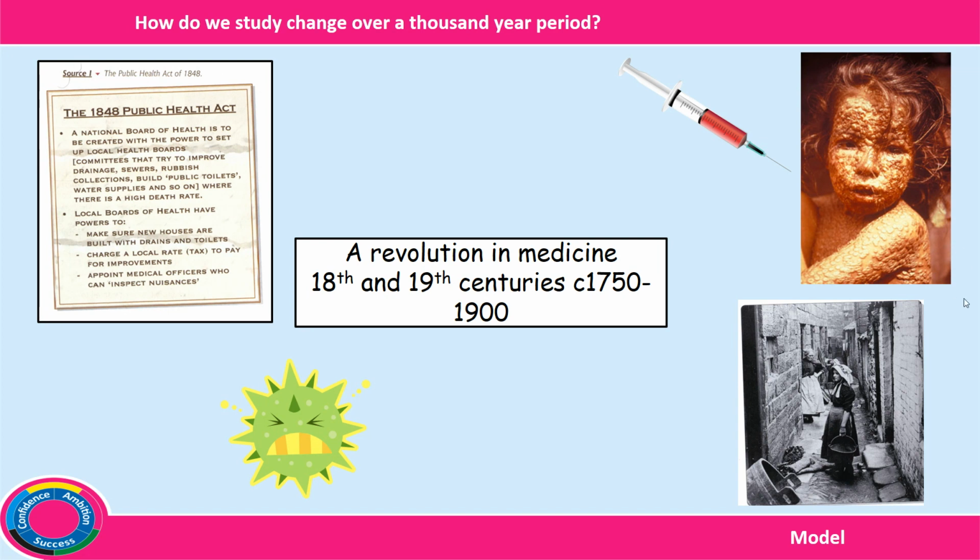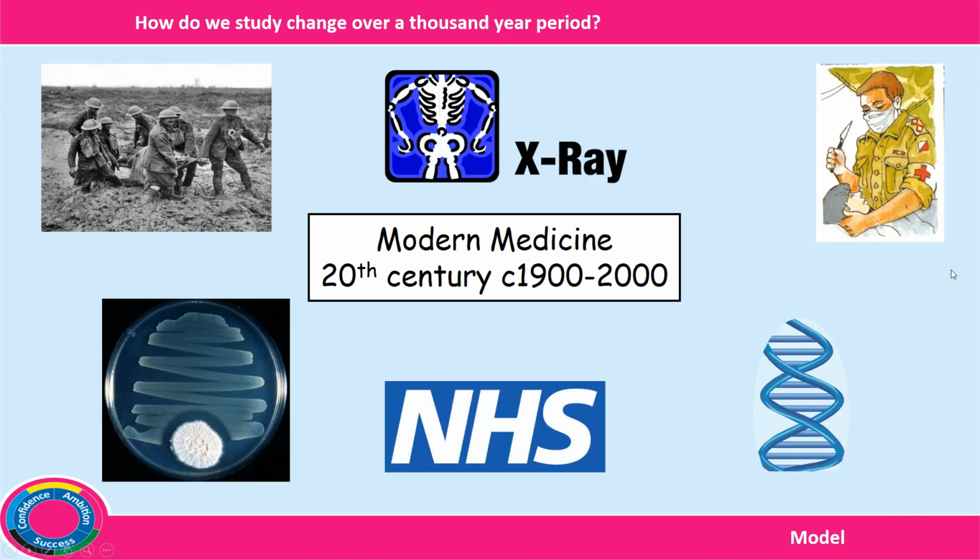And the fourth and final part of this GCSE unit is modern medicine. Now, although it says 20th century, so 1900 to 2000, we do actually go a bit further and look up to modern day. And we look at how war had a huge impact on medical advancement with the invention of the X-ray, first attempts at plastic surgery to help injured troops.